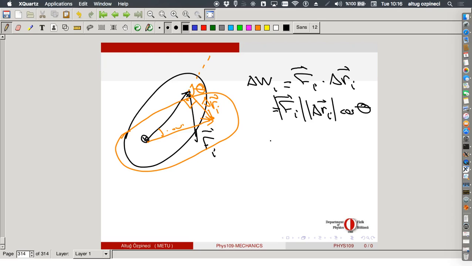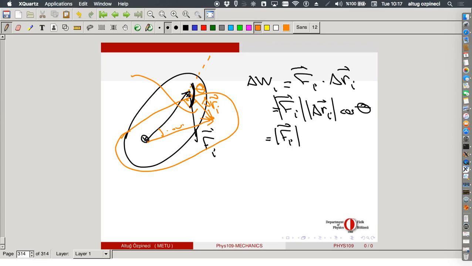Now, what is the angle between the two? You see, this angle is theta. I need this angle over here. Now, hold on. That angle, all of this angle, is theta.